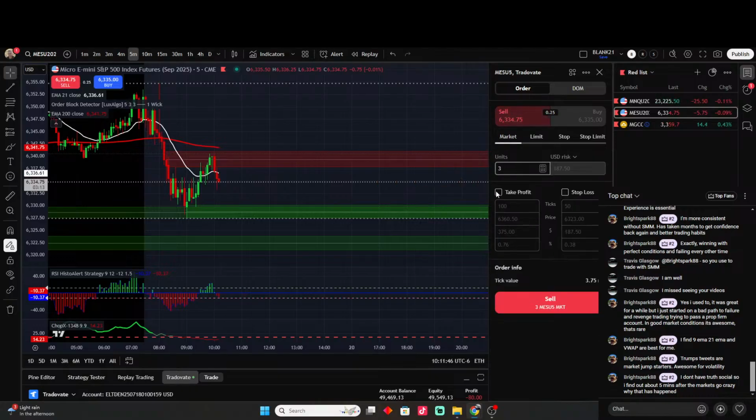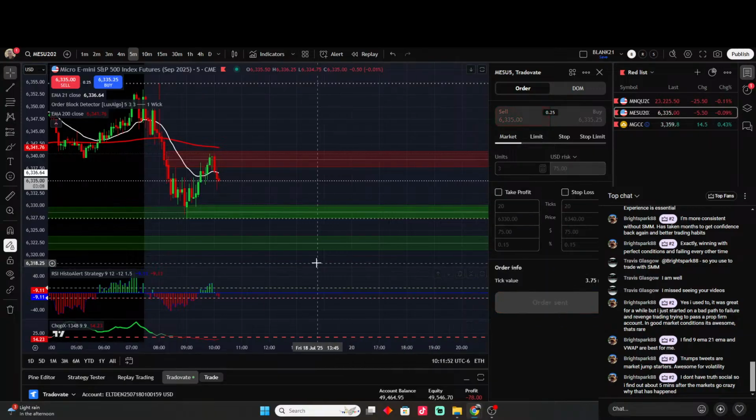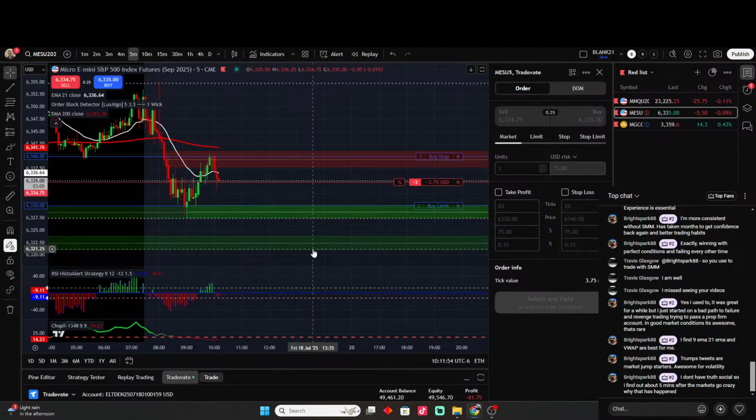Let's try one. Let's do this. Okay, so we're entered. Our RSI signal is almost there. I probably could have waited a little bit more on that, but the candle closed. We are below the 200.